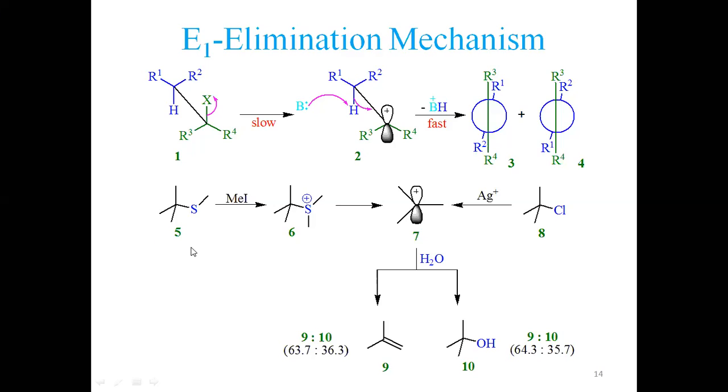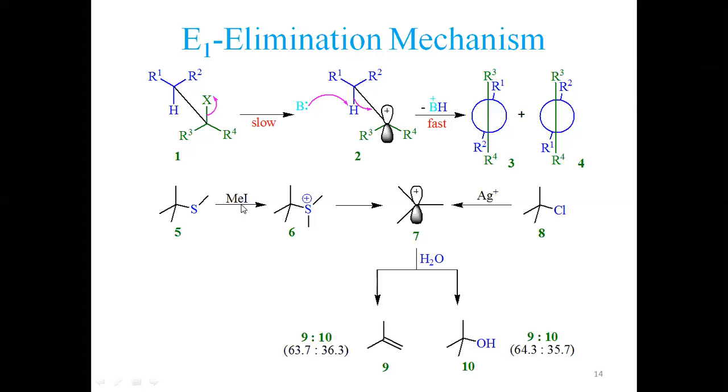So here is an example I am going to present. Let's see, this is a tertiary carbon with sulfur. Now if we react this, this is a thioether. Thioether can react with methyl iodide. It is a good nucleophile. So it shall substitute this iodine by sulfur. Sulfur is making a bond with methyl, and this iodine bond is breaking in this SN2 reaction, resulting in the formation of a sulfonium.